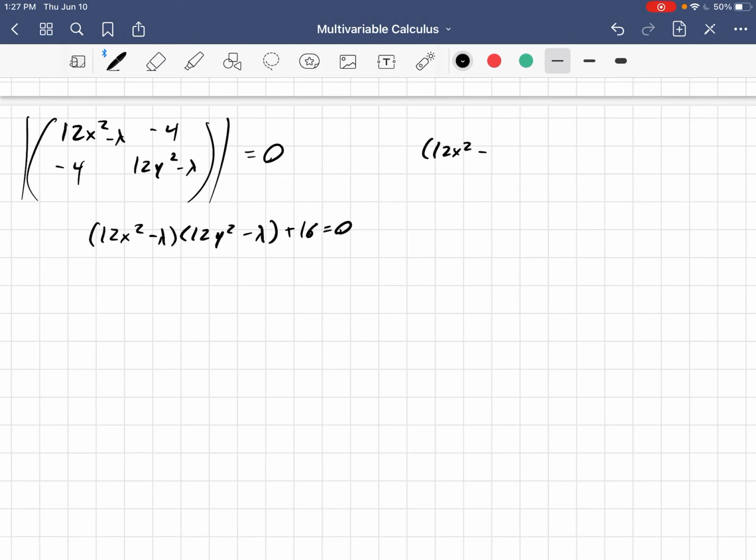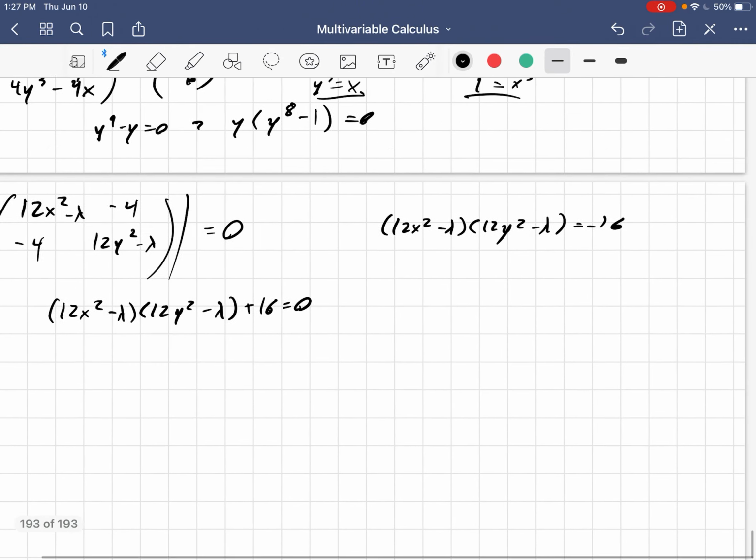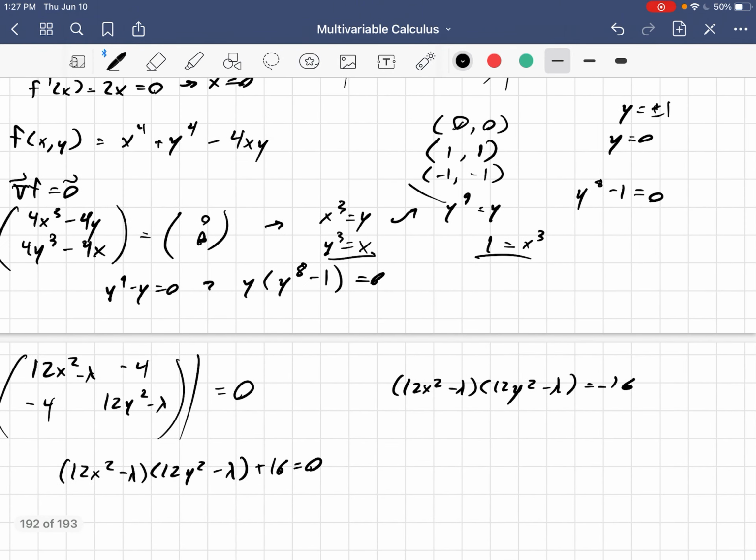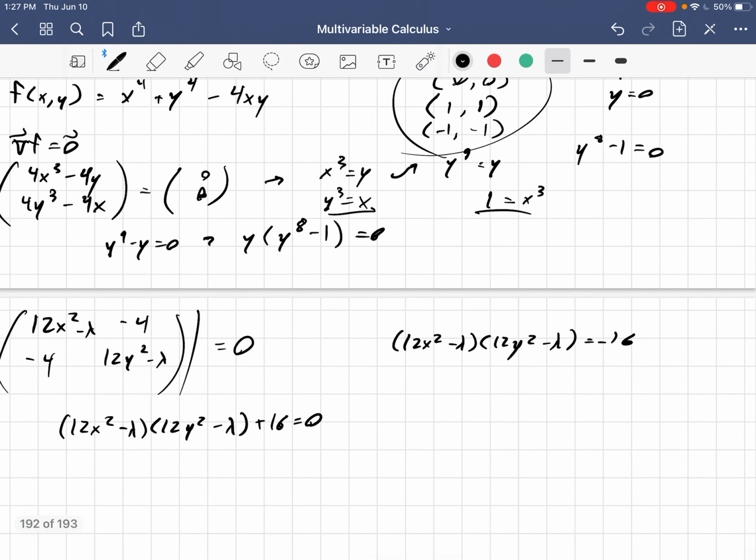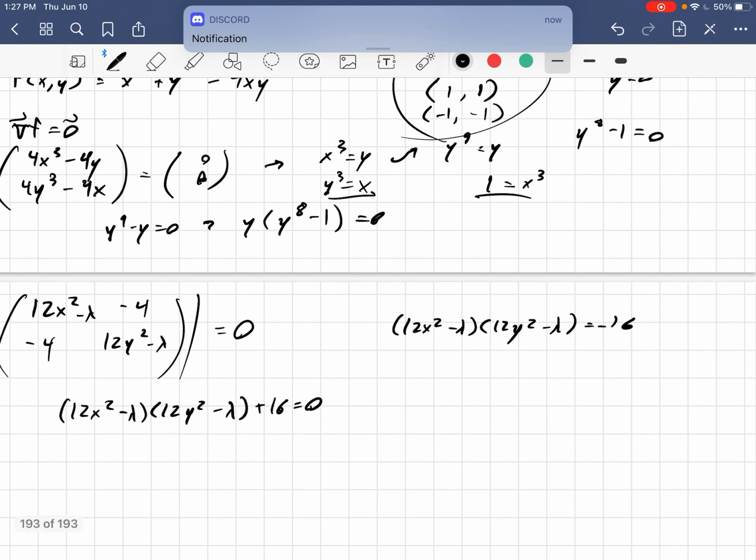In other words, (12x squared minus lambda) times (12y squared minus lambda) equals negative 16. And now I just need to plug in these three critical points for each of those x and y.